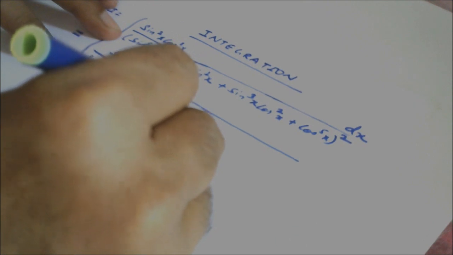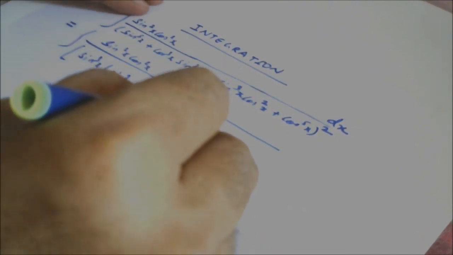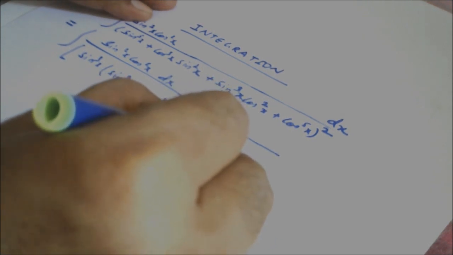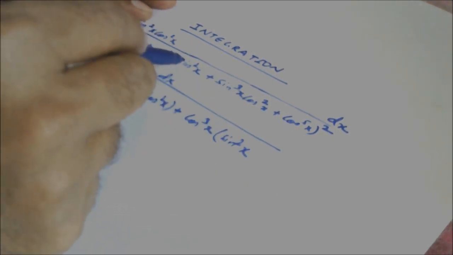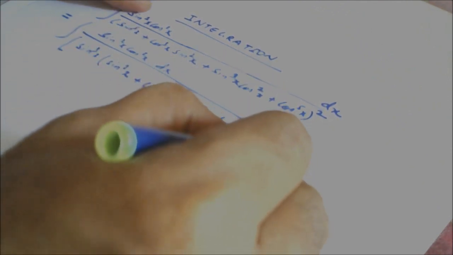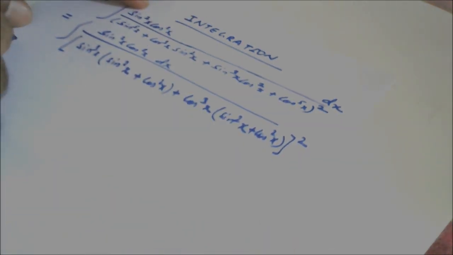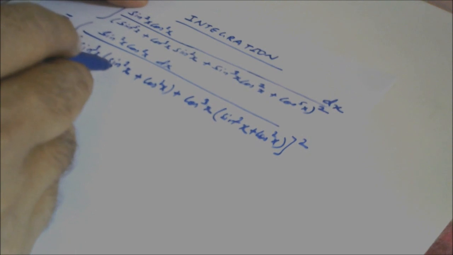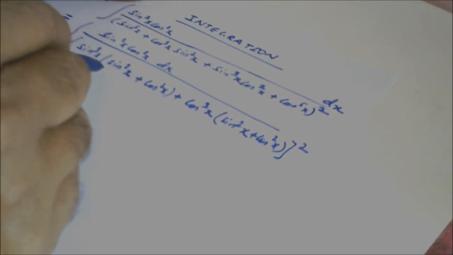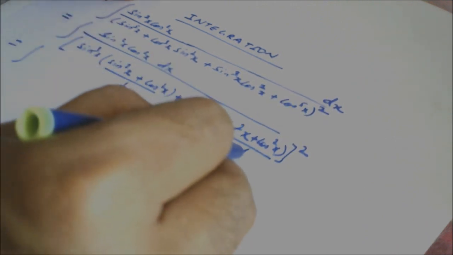Next, cos cube x I am taking common, and here it becomes sin square x from here plus cos square x from here, and this completely becomes a square. We know the identity sin square x plus cos square x is equal to 1. So this one is equal to 1, and this one is equal to 1.